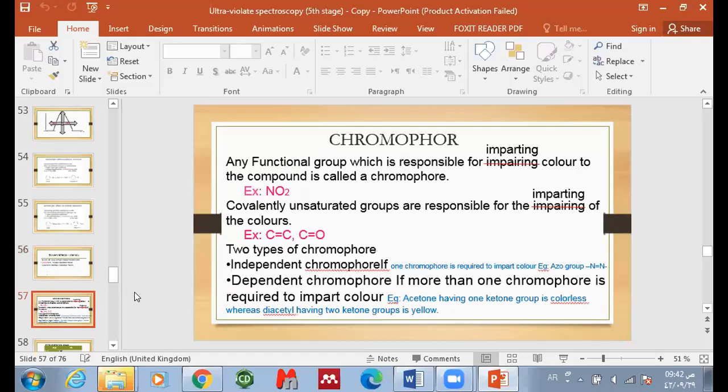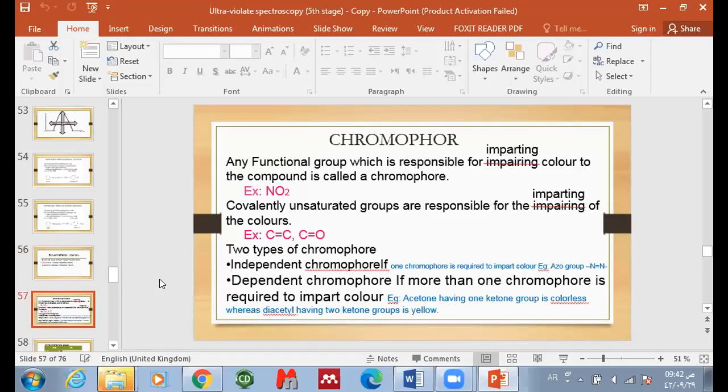Okay, let's see what chromophore means. Chromophore consists of two parts. Chrome in Greek means color.